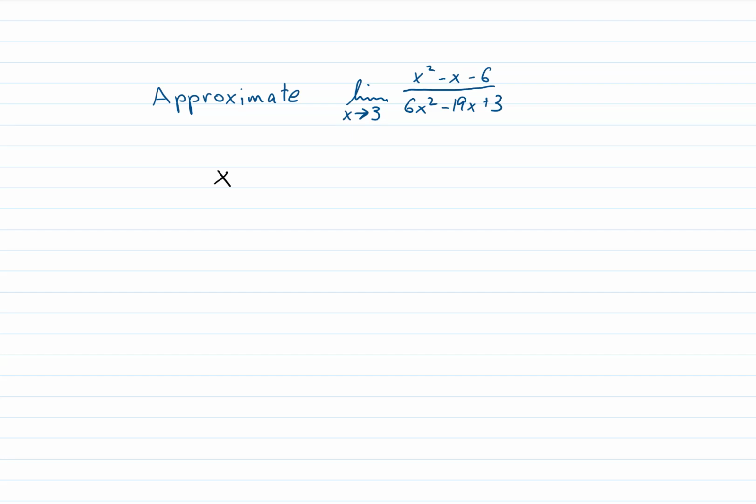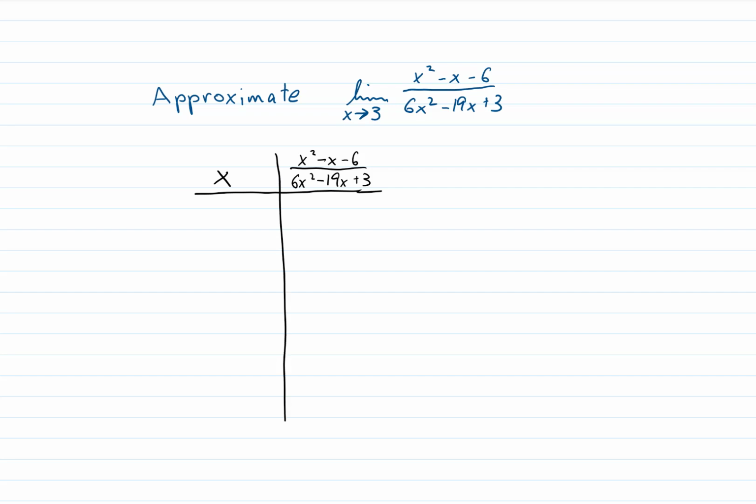And I know I didn't give this function a name, did I? I could write f of x, and I'm not going to mark anybody wrong if they do. But technically, I never said that function is called f. So I better just write x squared minus x minus 6 over 6x squared minus 19x plus 3. If you want to write f of x, that's fine.